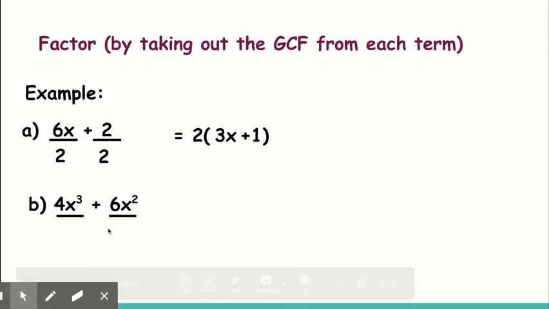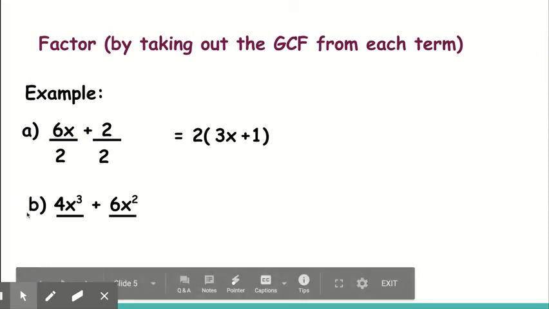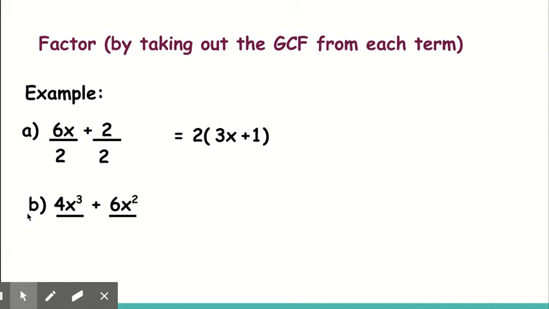Okay, so for this one, our greatest common factor is 2. So both of these can be divided by 2. And now we need to look at the variables. So we need to find the one with the smallest exponent, which is x squared. So I'm going to pull out 2x squared from this whole expression.